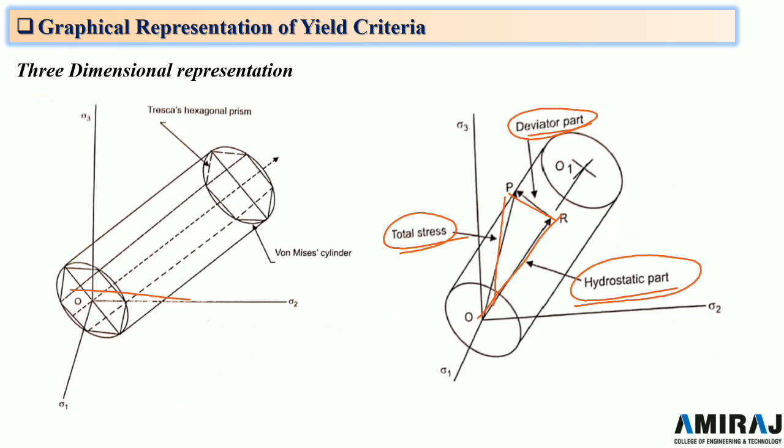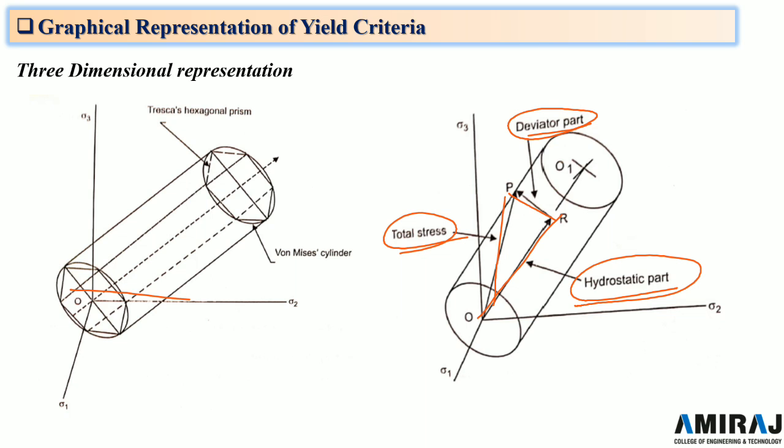When the stress state satisfies the equation, points inside the cylinder are not defined; it is taken that the material will suffer plastic deformation when P is on the surface of the cylinder and the stress increment is directed outside the cylinder. A similar discussion applies to Tresca's hexagonal prism.